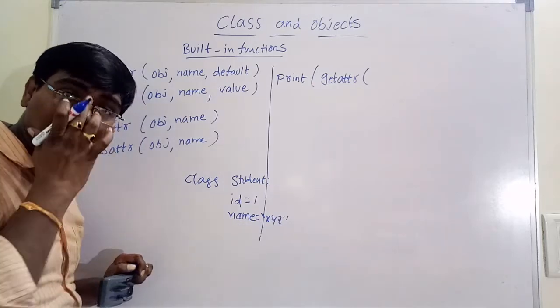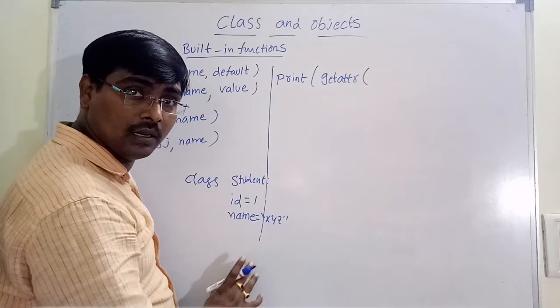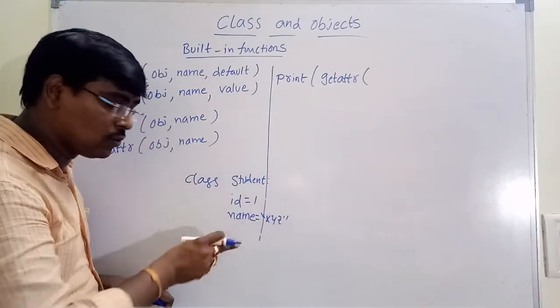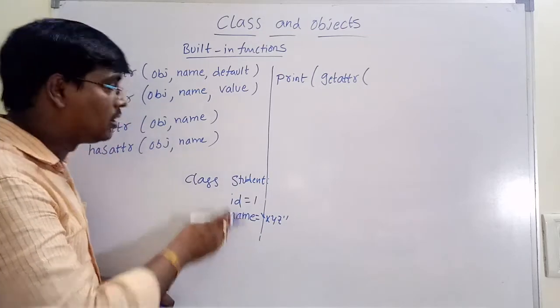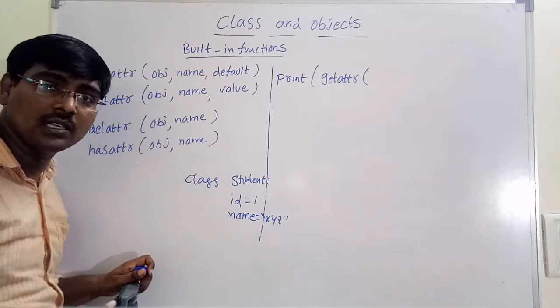Instead of creating an object s1 and writing s1 dot id and s1 dot name, we can access the members of a class by using these built-in functions.